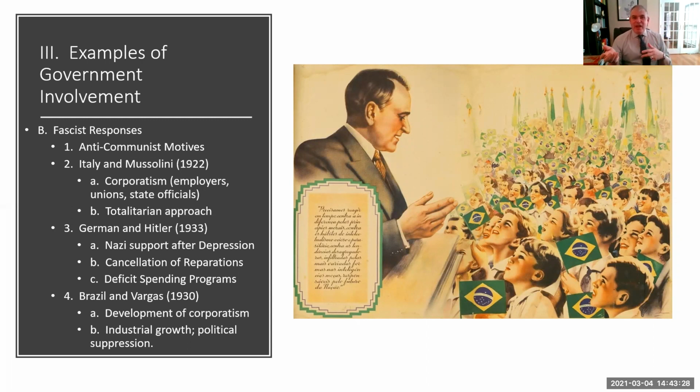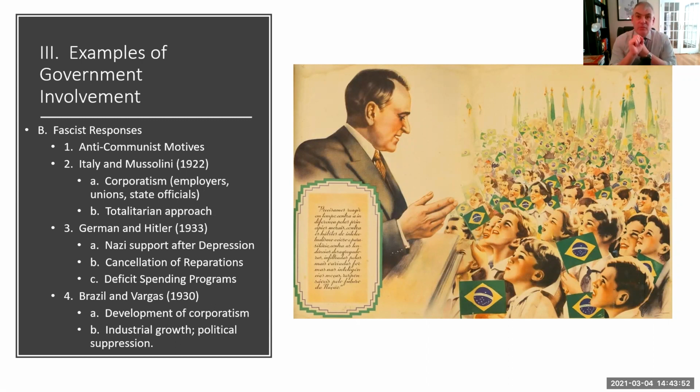Italy is going to see its fascist leader in Mussolini. In 1922, Mussolini takes power in Italy, and he is going to put into practice an economic system called corporatism. You're going to want to underline this. And the idea is that corporatism says every industry, if you think about it this way, every industry has three parts to it.